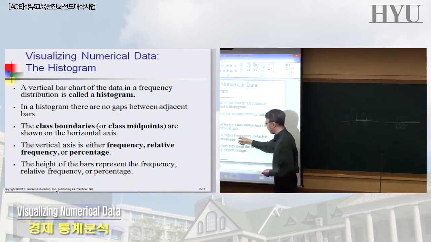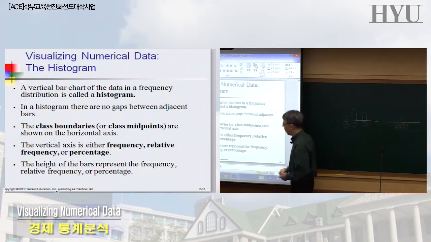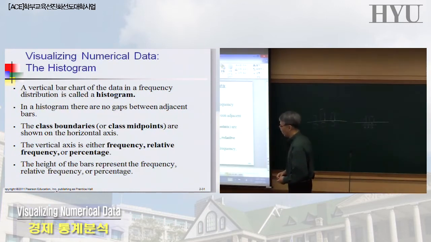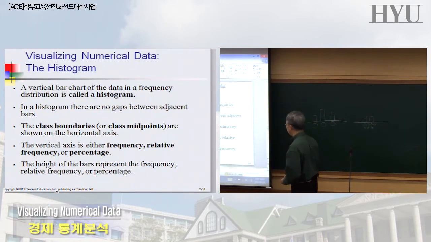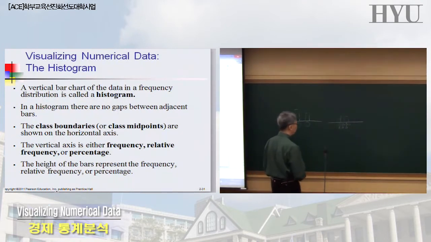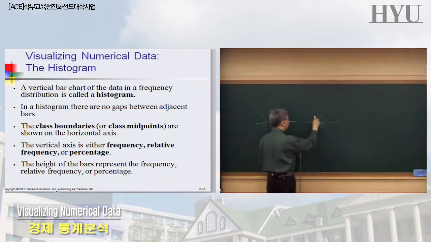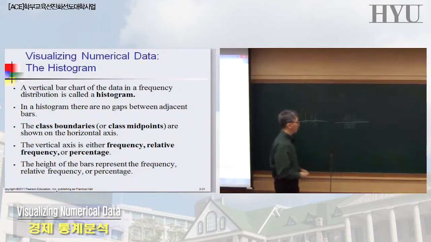The vertical axis is the frequency, relative frequency, or percentage, depending on what you want to present. The height of the bars presents the frequency, the same information. Again, the idea of a histogram is to provide a quick idea of the distribution of the data points to your audience.